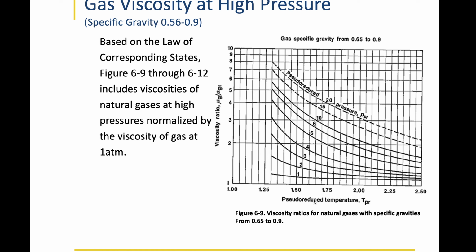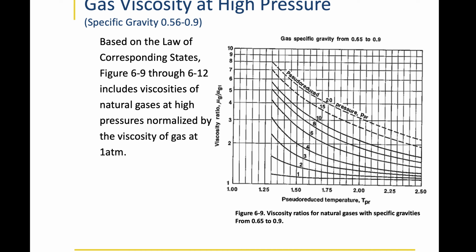Okay. So in figure 6-9, we need to know the TPR and the PPR. The TPR and PPR are found exactly like the way we found them before. The TPR is our reservoir temperature divided by the corrected pseudo-critical temperature, and PPR is the reservoir pressure divided by the pseudo-critical pressure, the corrected one if you have non-hydrocarbon.